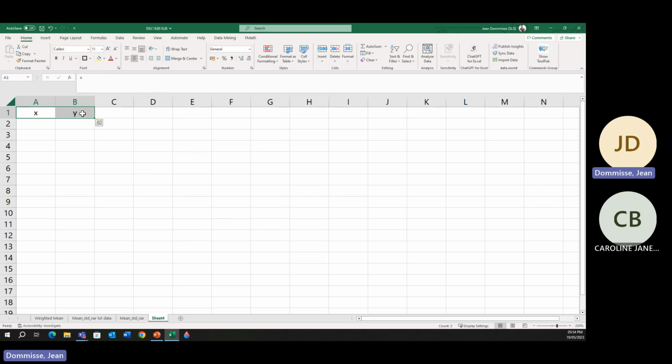So when I look at example 8.10, I need to look at the data points. I first put in all the X values. I will put in the Y values after that.